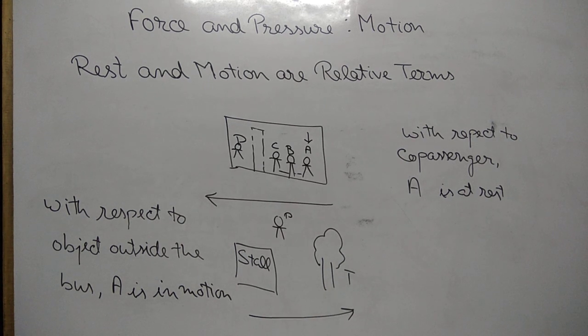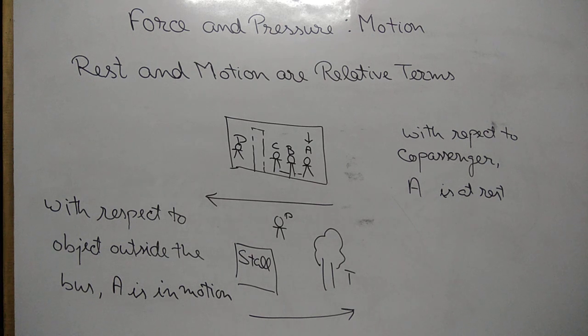So whenever we change the reference point or the surroundings, we change the condition of rest and motion. That's why we can say that with respect to one point a body is at rest, and with respect to some other point the body is in motion.